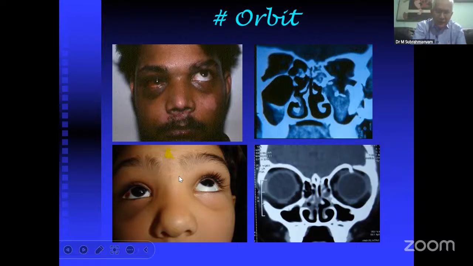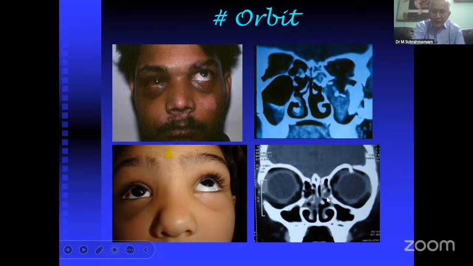If you look at this young girl who came with a history of trauma and motility restriction, you can see subconjunctival hemorrhage and motility restriction. We did FDT. FDT is positive, so we made a diagnosis of fracture floor of the orbit with entrapment of the inferior rectus. But what does the CT scan show?